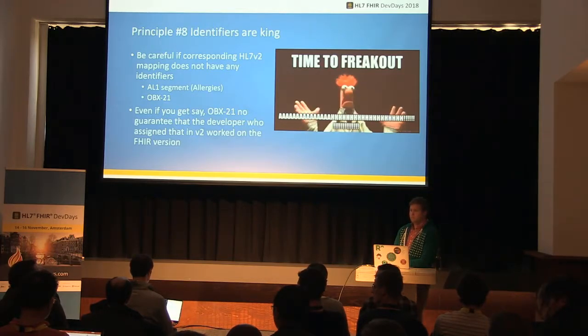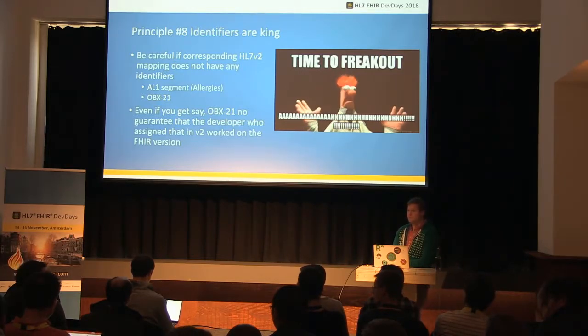Because, for example, if you map OBX segments to observations and put them into a diagnostic report, you cannot query the observation results of the original V2 message when you're using contained resources. So it's one of the practical things you have to consider.